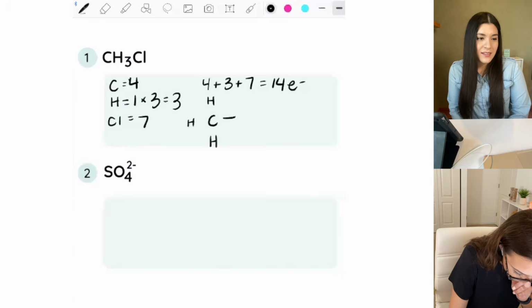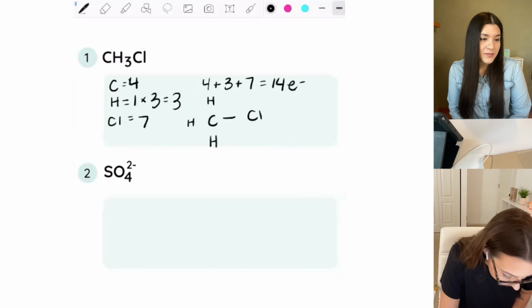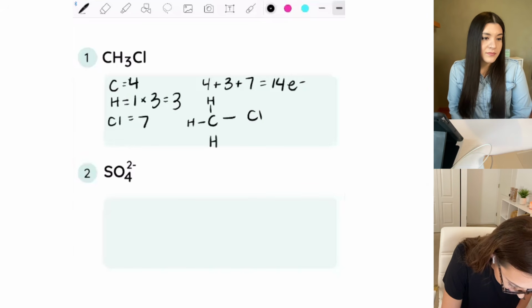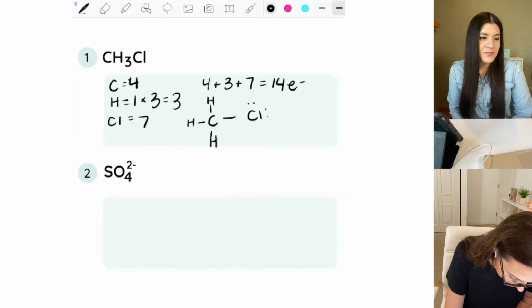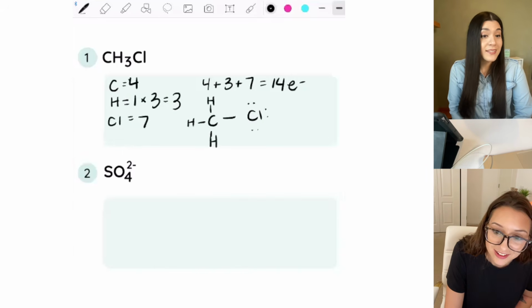Good. Yep, exactly. So then we will do this, and this satisfies the octet rule. But the chlorine needs 7, so we have to do that. Perfect. That's it. That's correct.